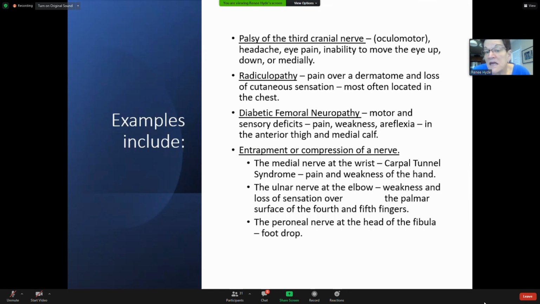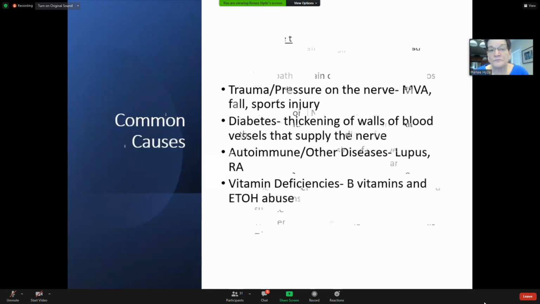You may see diabetic femoral neuropathy, where you will have pain and weakness in the anterior thigh and medial calf. Now, that entrapment or compression of the nerve, like the carpal tunnel I talked about, you may also see in foot drop, where the peroneal nerve at the head of the fibula is compressed. Okay.